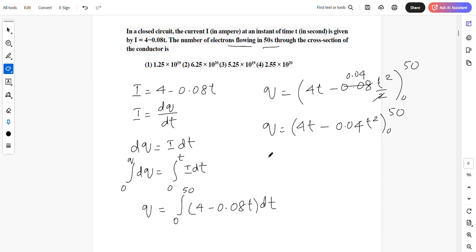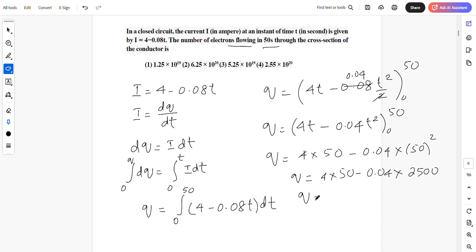Now apply limits: 4 into 50 minus 0.04 into 50 whole square, which is 2500.